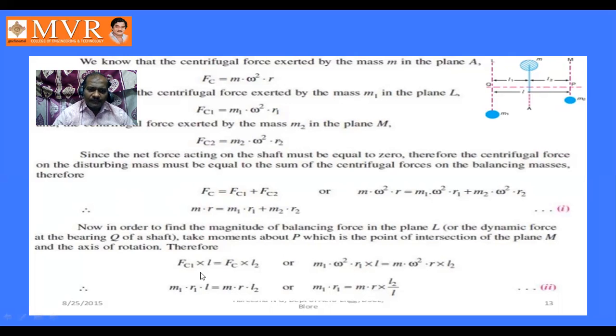Once again, Fc1 is m1 omega square r1 into L is equal to m omega square r into L2. Omega is common for all the masses, so by cancelling those two, the parameters left are m1 r1 L is equal to m r L2. So m1 r1 is equal to m into r into L2 by L.